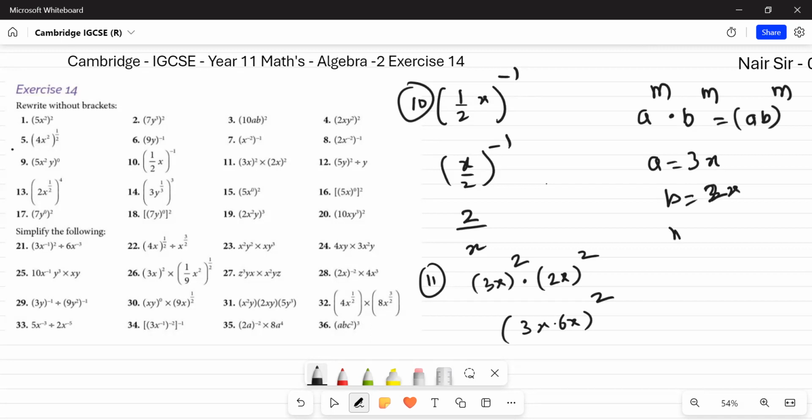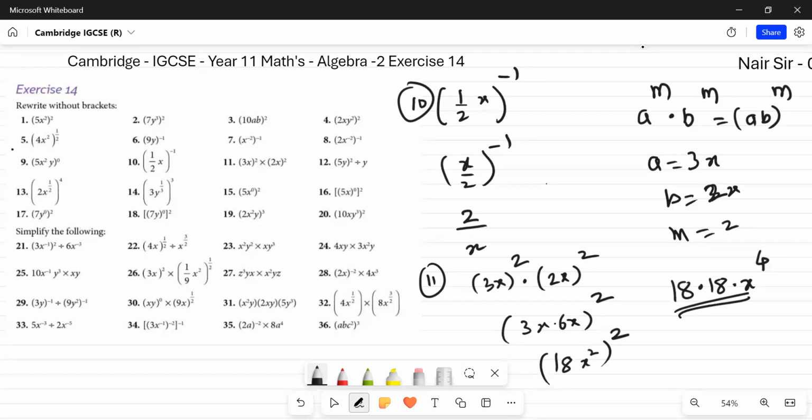And what is m? m is 2. Substitute now. 3 sixes are 18, 18x squared raised to 2. And this further can be written as 18 into 18 into x raised to 4. That's my answer. Do you understand?